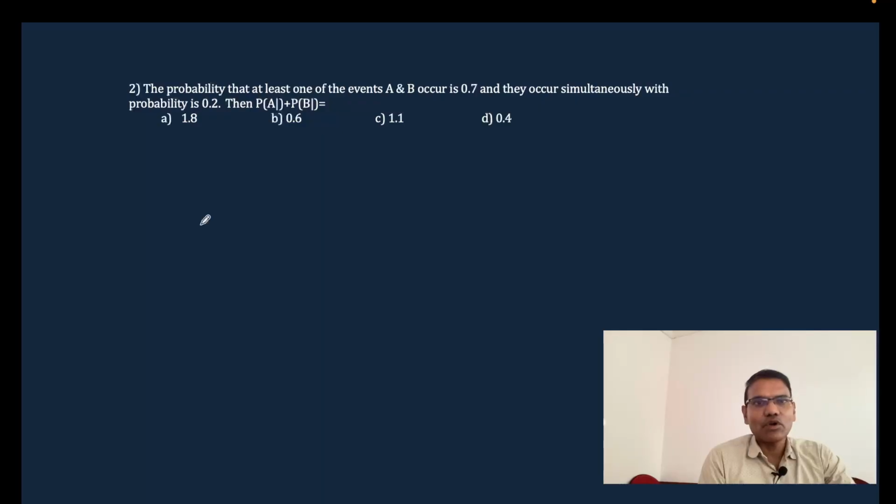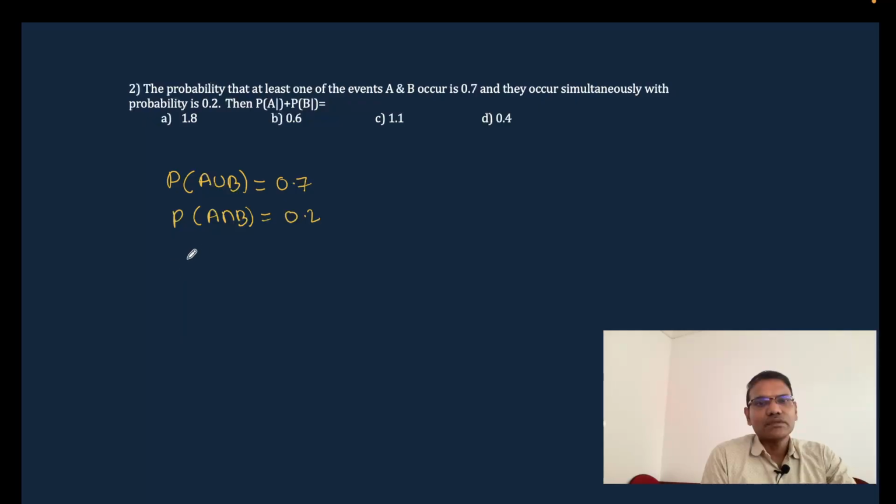Next question: the probability that at least one of the events A and B occurs. That means P of A union B, that value is given as 0.7, and they occur simultaneously with probability 0.2. That means P of A intersection B, simultaneously means both, so that value is 0.2.